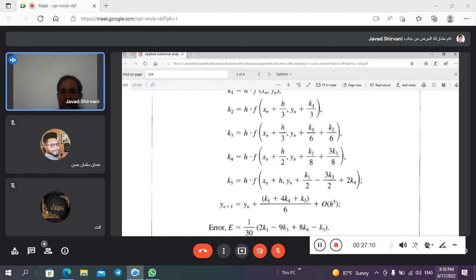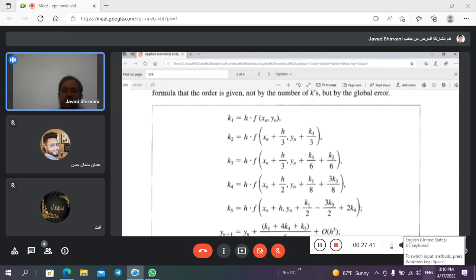The last one was this; let me copy it. Here it's similar to the previous one, but we need to edit some of these formulas.